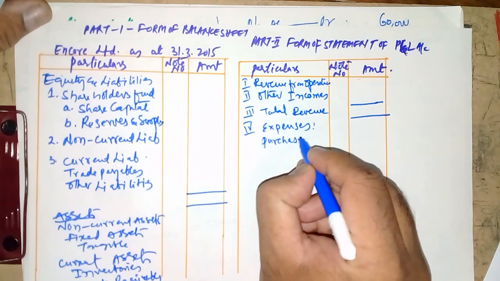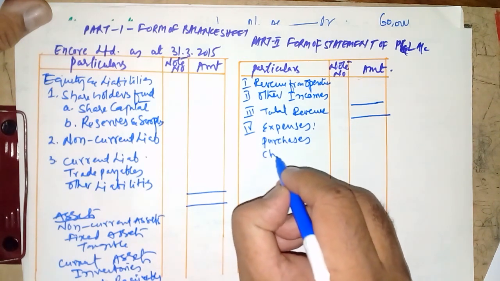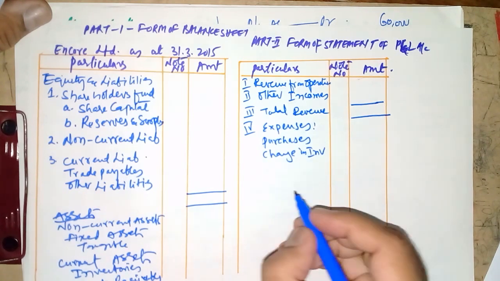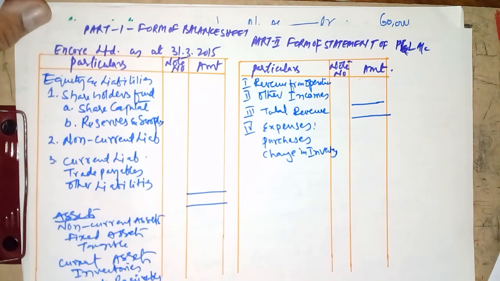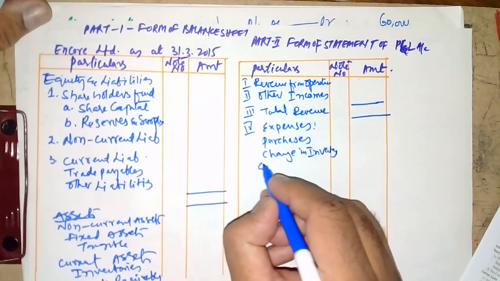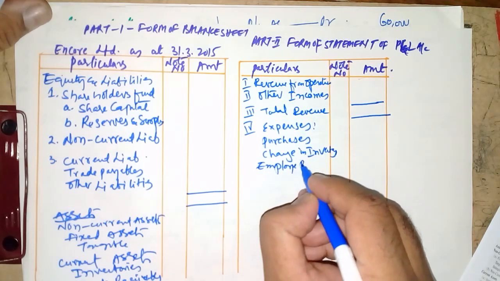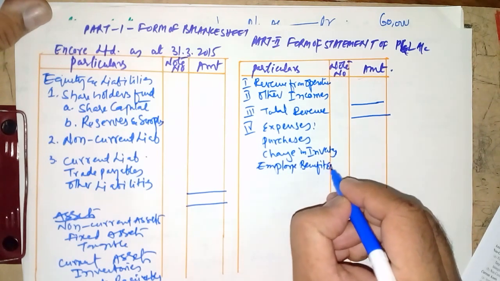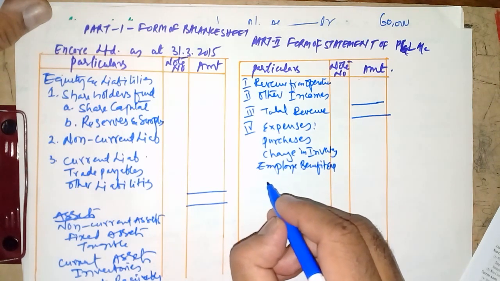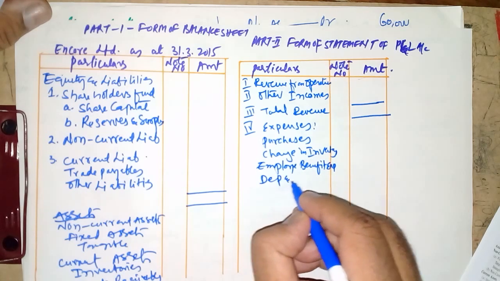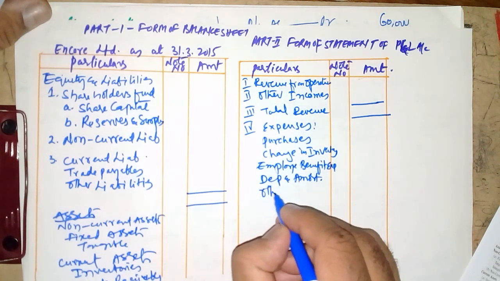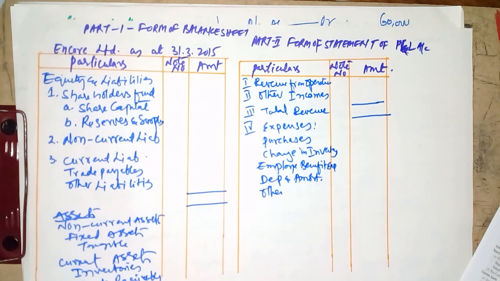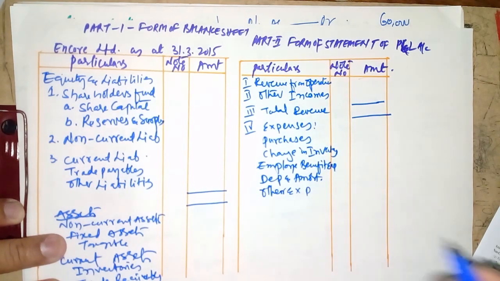purchases, then change in inventory, then after change in inventory we have employee benefit expenses, that is employee benefit expenses, then we have depreciation and amortization, let's put a shortcut here, then other expenses, right?